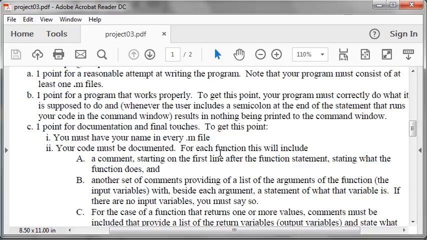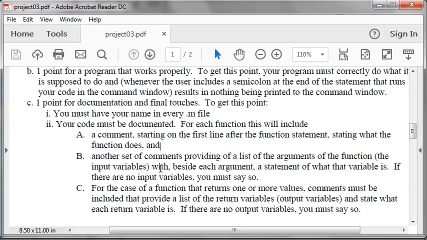Name, I put my name in it. I remember doing that. A comment, I didn't really do that, but I started it and told you that you had to. The input variables, or list of arguments. The output variables or return variables, we had two of them.